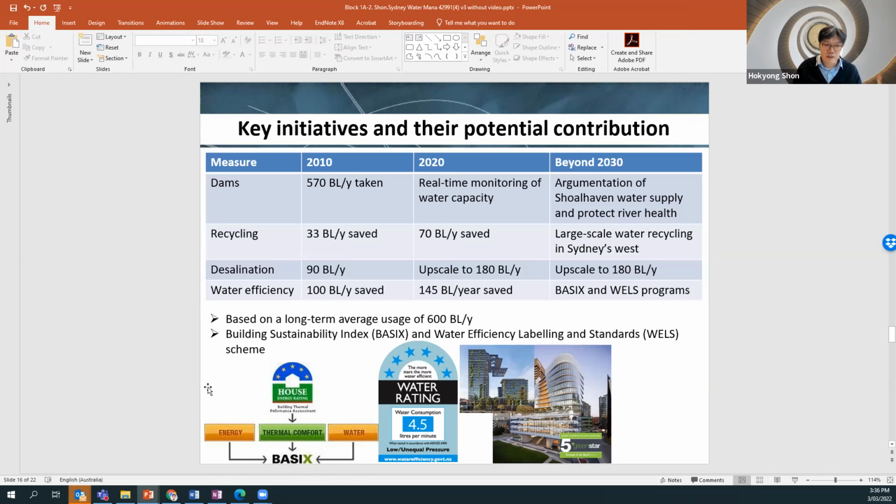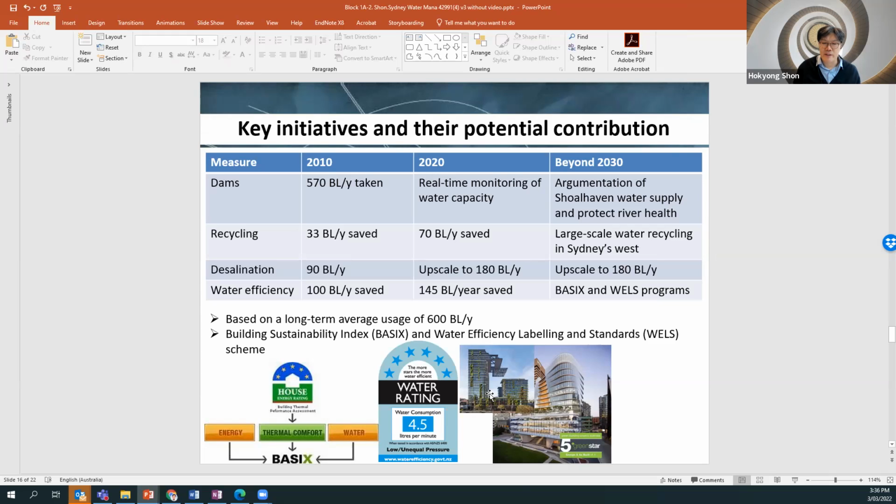This will give you an incentive when you get this kind of high star rating, the most 5-star rating of Central Park, and the incentive was they can make more apartments.